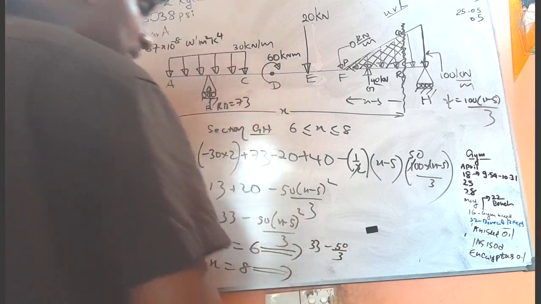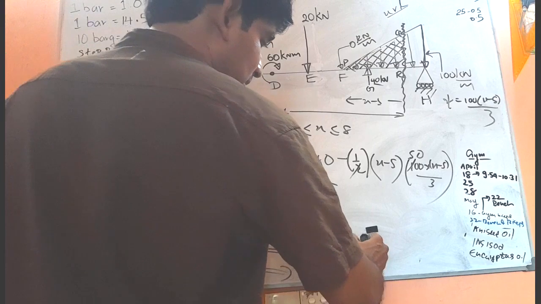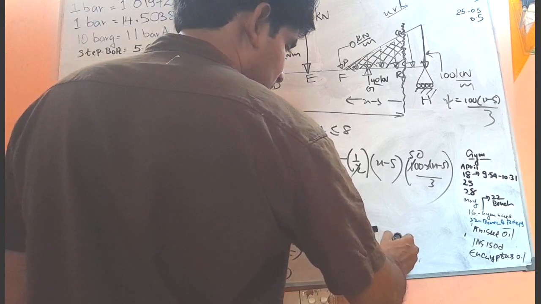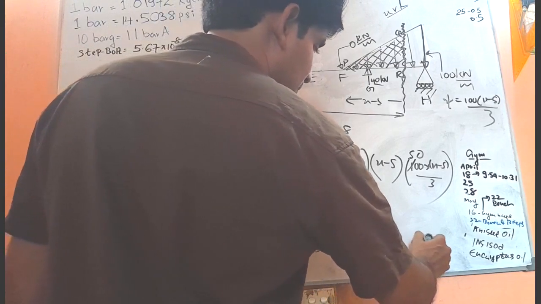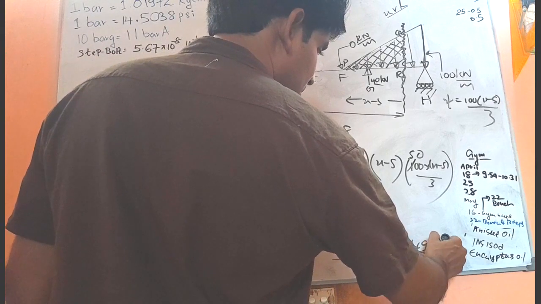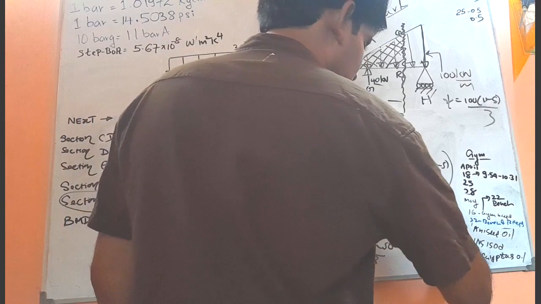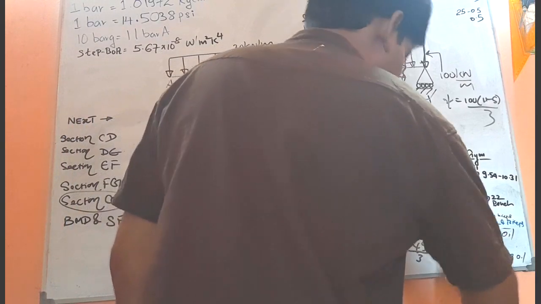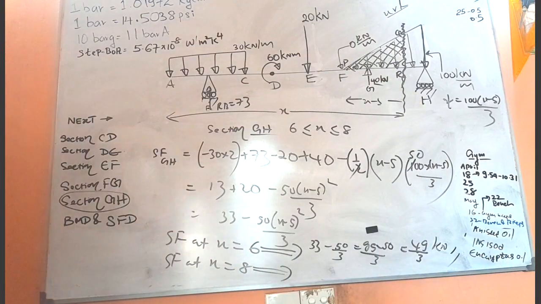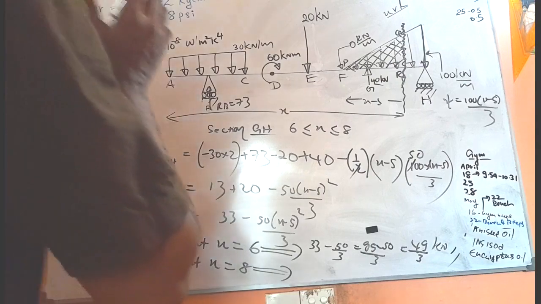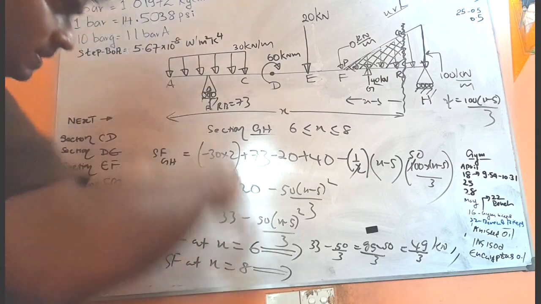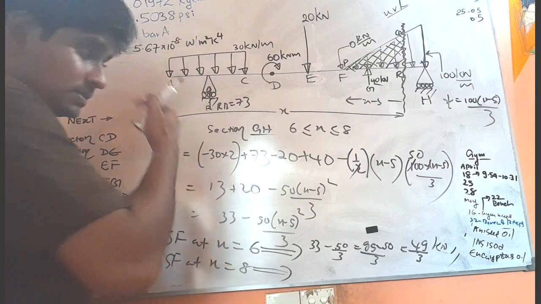What is the answer for that? 3 into 33 is 99 minus 50 divided by 3. What is that? 49 divided by 3. Not kilonewton meter, kilonewtons, because this is the shear force. At x equals 6, the shear force is 49 divided by 3 kilonewtons.